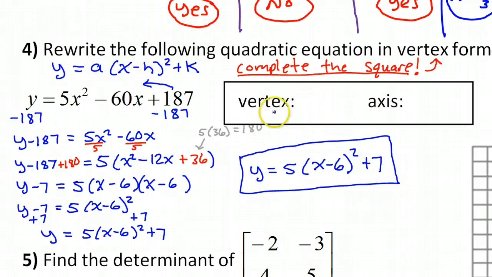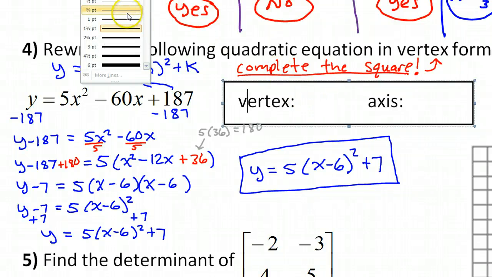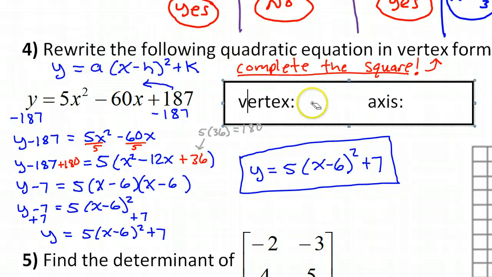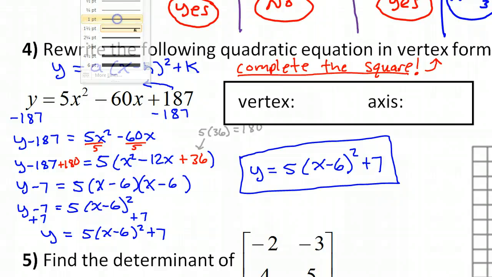So, looking at this, what's the vertex? Well, the vertex is going to be the opposite of this one, comma, that one. So the vertex is going to be 6, comma, 7.